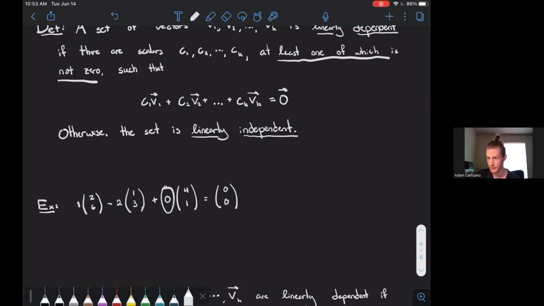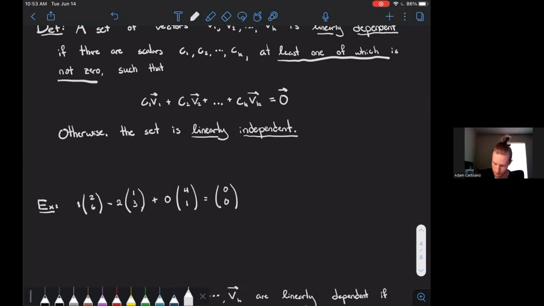It's okay to have some of the scalars be zero. In fact, sometimes you need some of the scalars to be zero. But as long as one of them is non-zero, it's a valid collection of scalars to call the set linearly dependent. So this is linearly dependent.